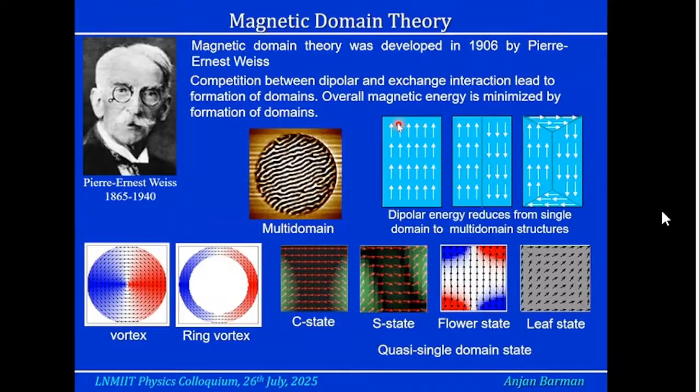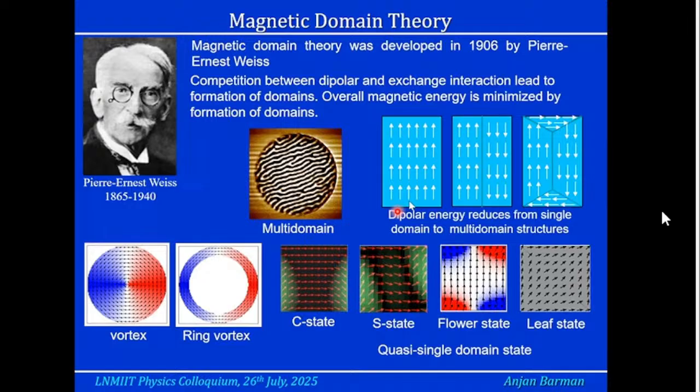For this case, what will happen is that here the spins are pointing in this direction, here the spins are pointing in this direction. So there will be a stray field which will come out of the system and follow the field lines, and then end here. So a lot of energy will be lost outside the system.